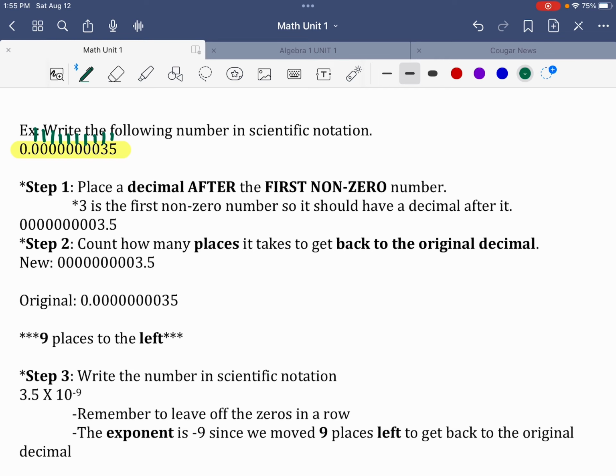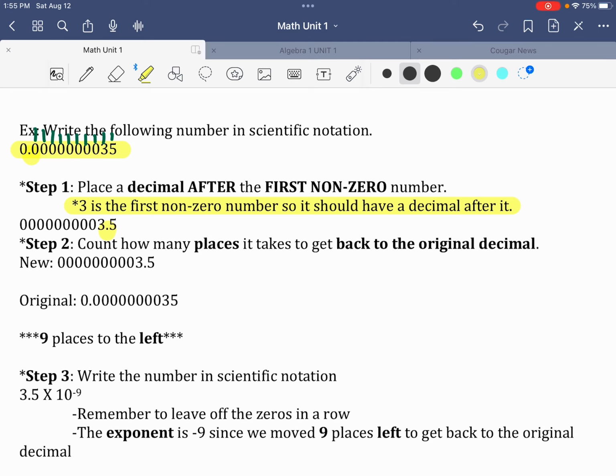Okay, so your steps are still the same. You're going to look for the first actual number that's not 0. The first actual number that's not 0 in this case is 3. 3 is the non-zero number, so it should have a decimal after it. So we'll move the decimal from here all the way to here.